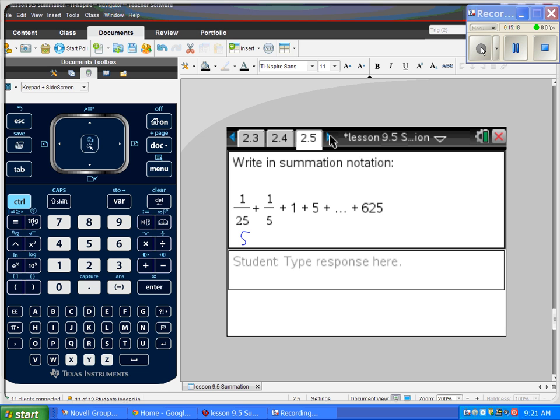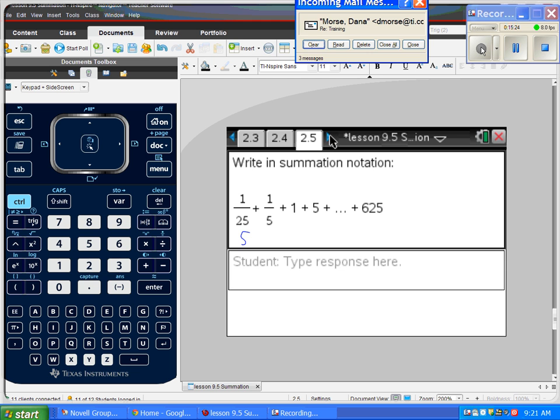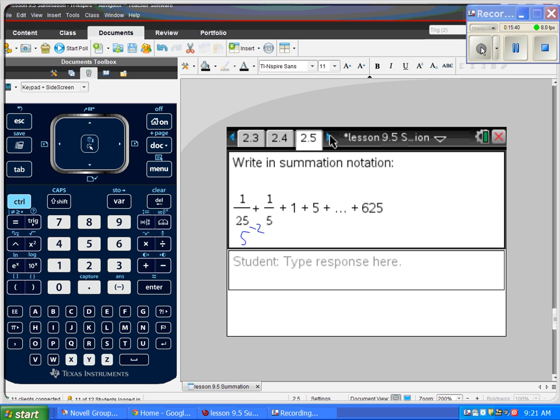How many times did I multiply 5 to get this? 5 times 5, so that's one time we multiply by 5, but it's in the denominator, right? So how can I rewrite this using exponents? Not just 5 squared. 5 to the negative 2. 5 to the negative 2 is 1 over 25.